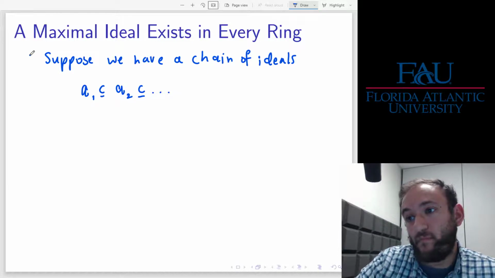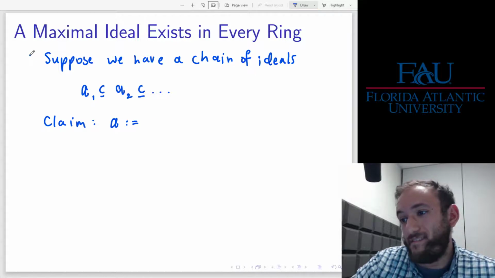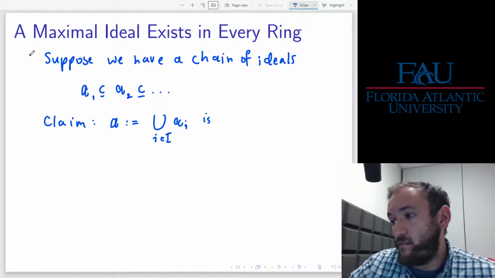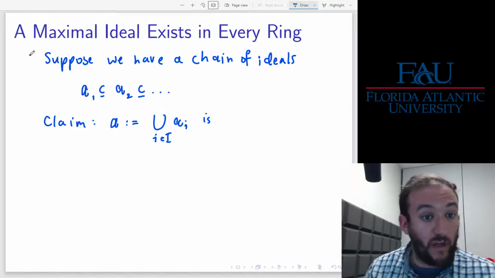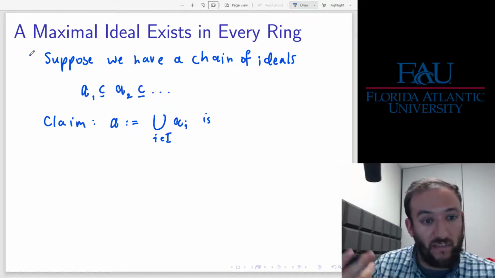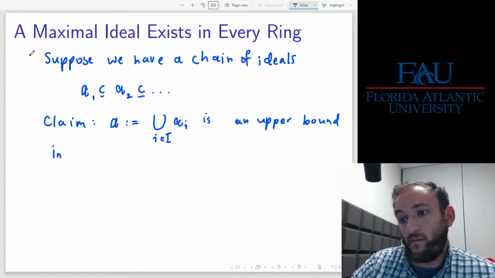So we claim that the ideal A, defined as the union over all I in the index set of AI, is an upper bound. Okay, so it's an upper bound, and it has to be a proper ideal, otherwise it wouldn't be an upper bound within the family, an upper bound in sigma.